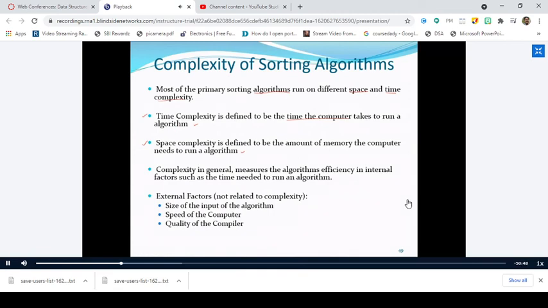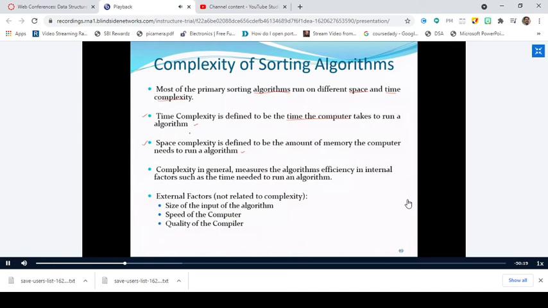And one more thing is, it is not the actual clock time we are going to measure. It is the number of operations that we are going to perform using that algorithm. Similarly, the number of inner loops and the number of outer loops are all considered important factors for measuring the time complexity, right?